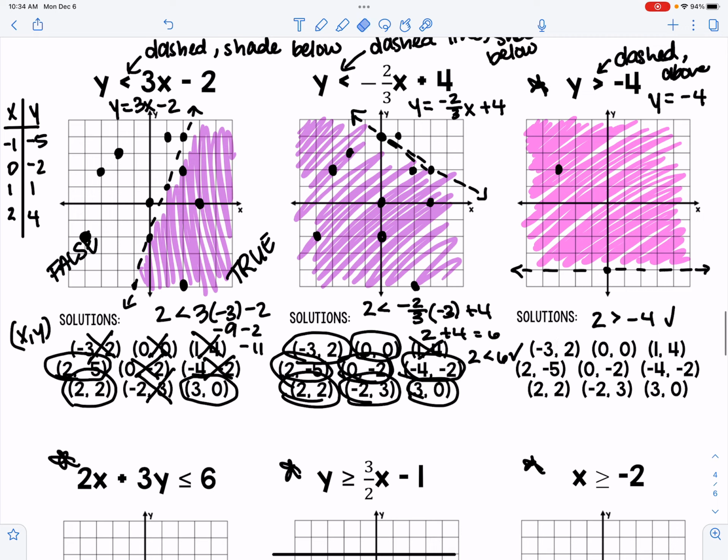All right, so like we just said, -3, 2 was part of our solution. 0, 0 is also in that shaded area, so that's part of our solution. 1, 4, same thing. 2, -5 is in the non-shaded area, so that is not part of our solution.